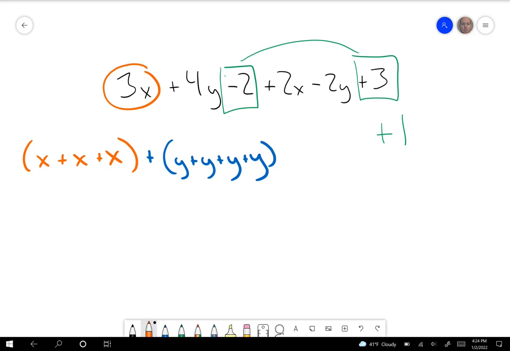And we have 2 more x's. So we'll say that that is the same as x plus x. And then we have a minus 2y. And we'll say that that must mean minus y plus y.